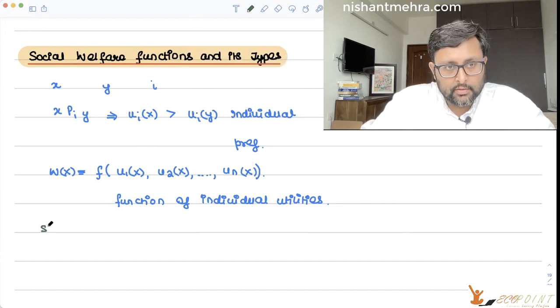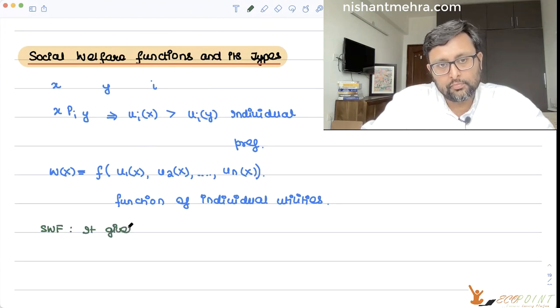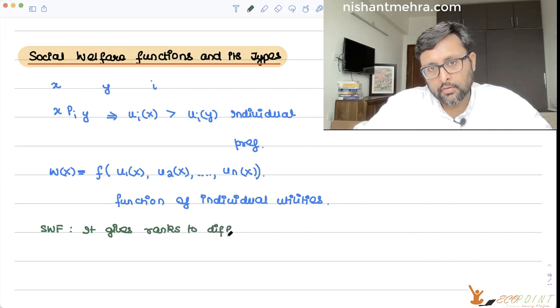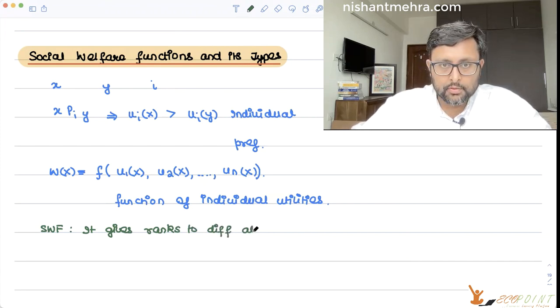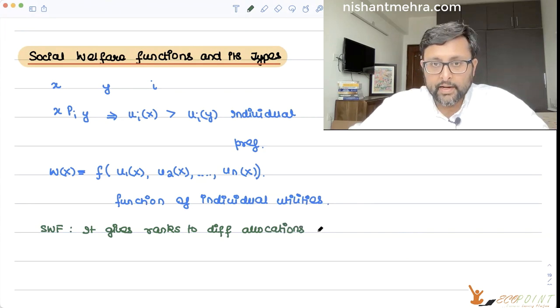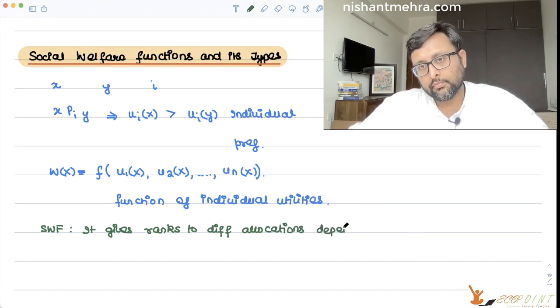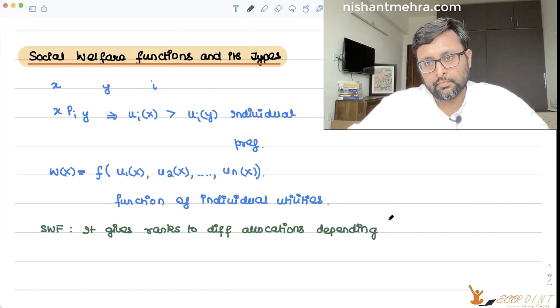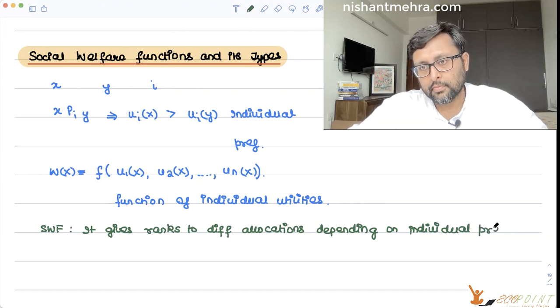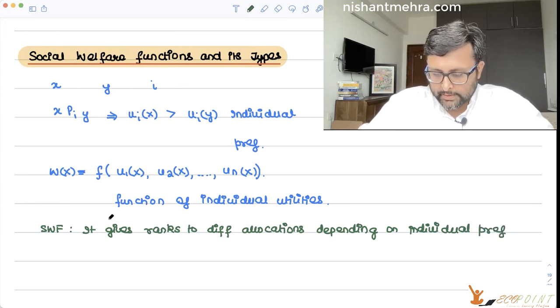It gives rank to different allocations depending on individual preferences.